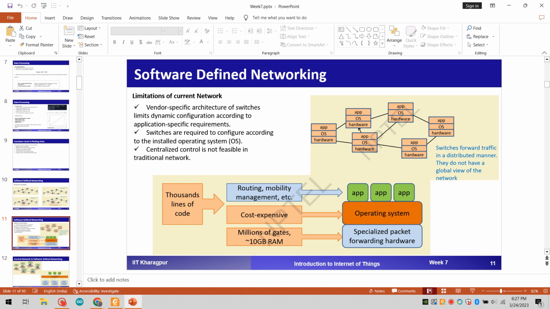You just have to make changes at a particular centralized node which is going to control the complete network, right? So this is the main idea behind your software defined networking. So what software defined networking does is it separates out your hardware part from your operating system and application part, and makes this operating system and application part a centralized thing.